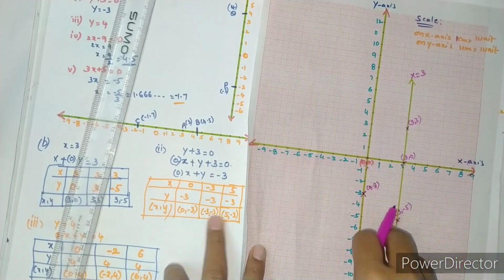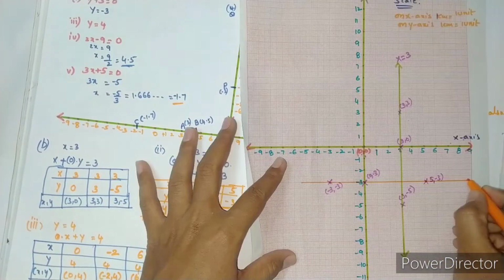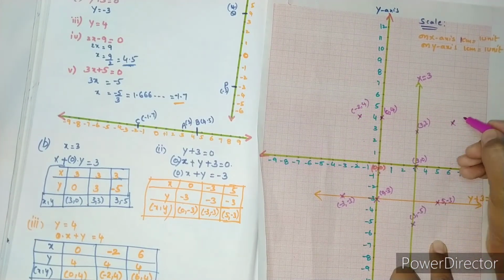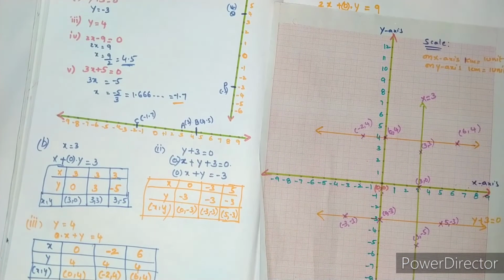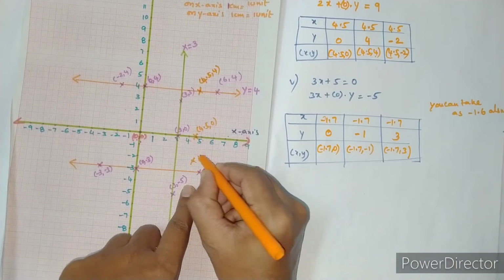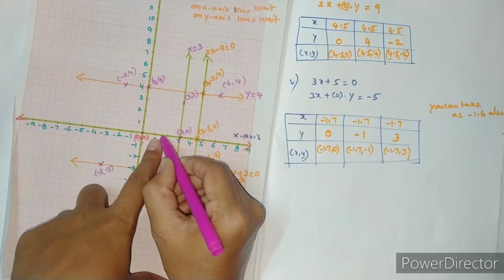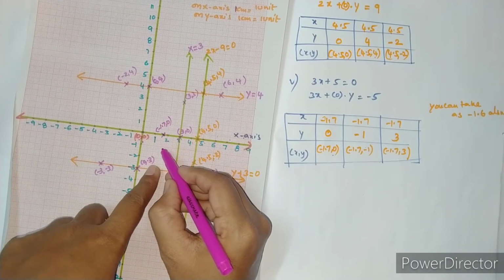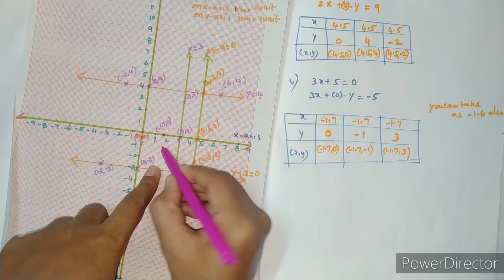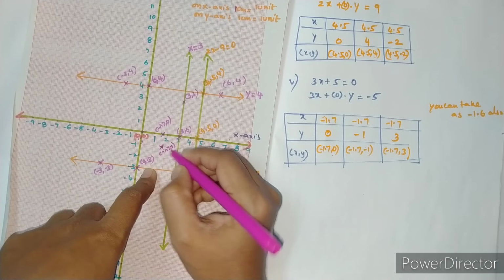Similarly, we can represent all the points on the graph. Each time we have to represent and draw a line through all those 3 points, and every time you have to write the name of that line also. Here the last one also we are representing: minus 1.7 comma minus 1.